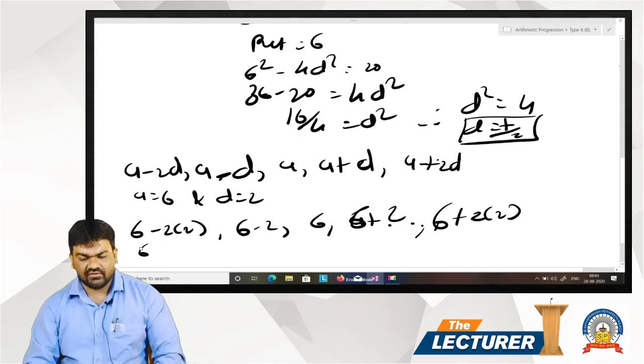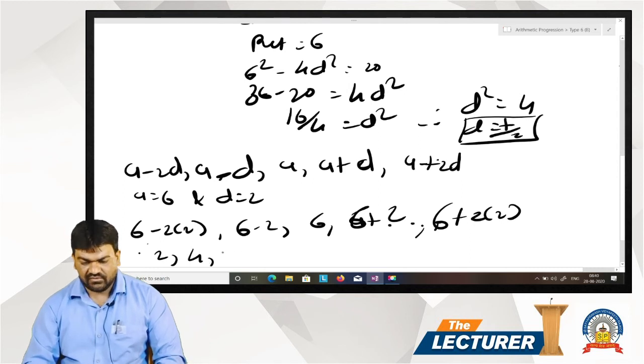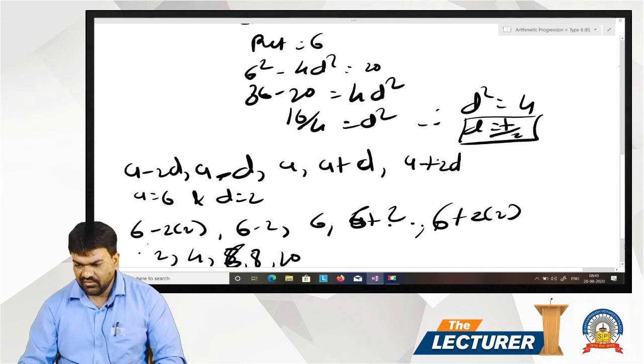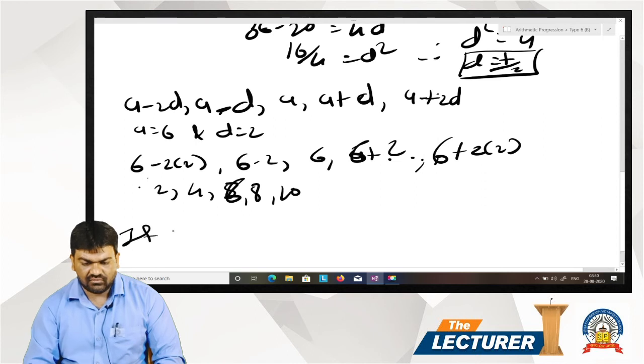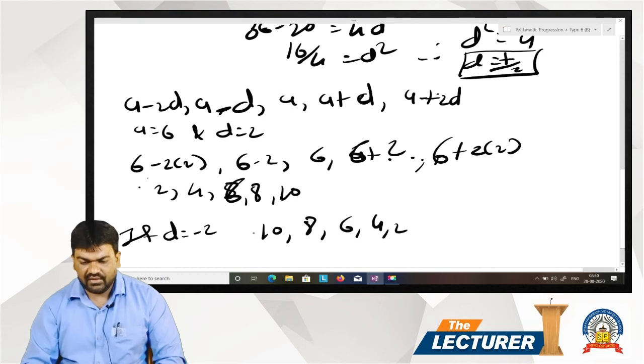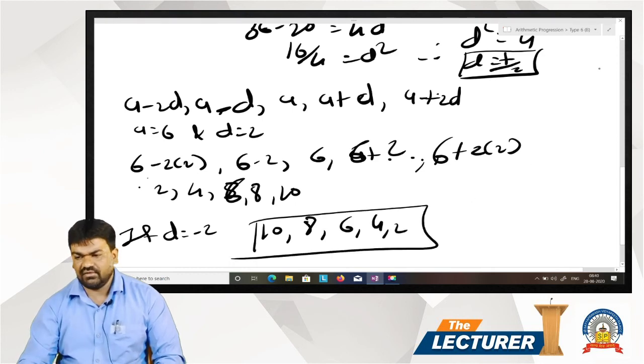So 6 minus 4, that is 2. 6 minus 2, that is 4. 6 plus 2, that is 8. 6, 8 and 10. Same way, if d is equal to minus 2, then 10, 8, 6, 4 and 2. These are the 5 numbers.